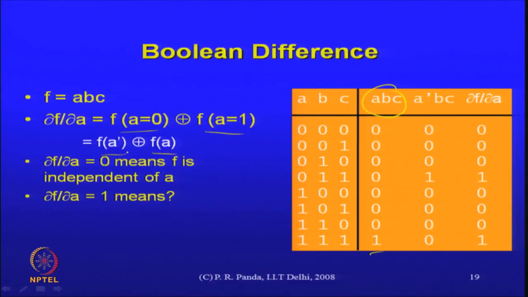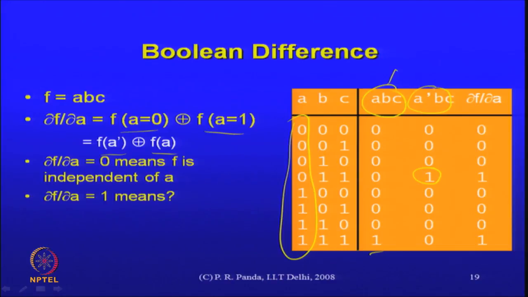In this example here, f of a is just this, f of a prime is if you replace a by a prime, then that entry becomes 1, because the a's and the a primes get inverted. So, where you had a 1 earlier you have a 0, and where you had a 0 earlier you have 1.